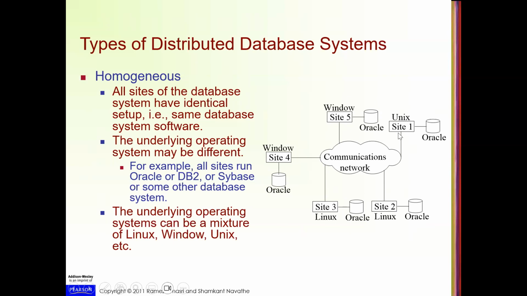Although the sites may have a different underlying operating system, this doesn't matter to us. What matters to us is the database, and the databases in different sites are the same. So it is called homogeneous. It can be Oracle, then all of the sites will have Oracle. If it is DB2, then all the sites are going to have DB2.